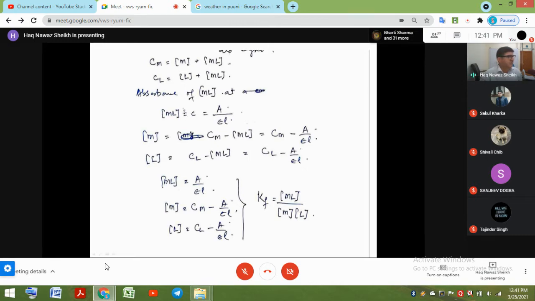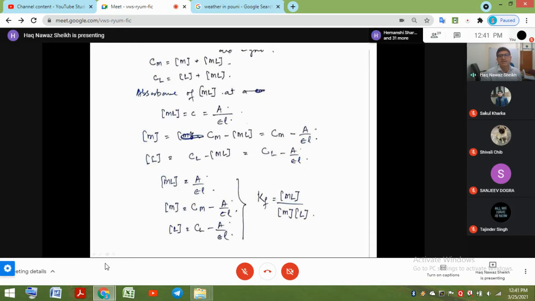So once you have the molar extinction coefficient, you can find out the concentration of the complex in any situation. So the free metal ion concentration is Cm minus ML from this equation. If you know, ML is A by molar extinction coefficient into L.